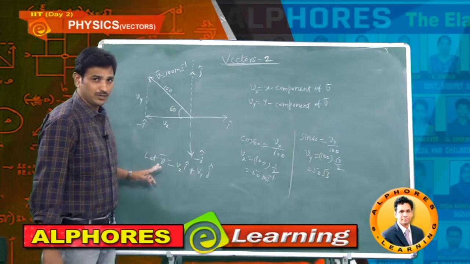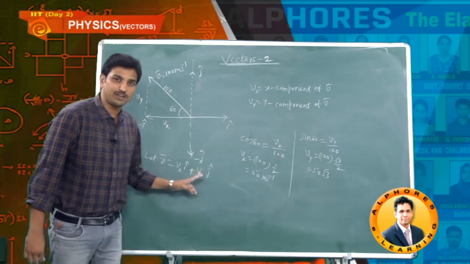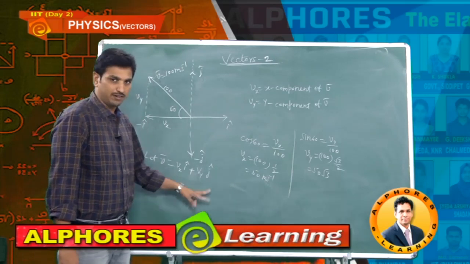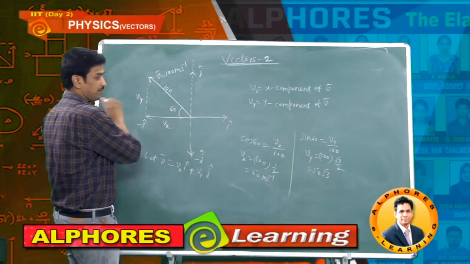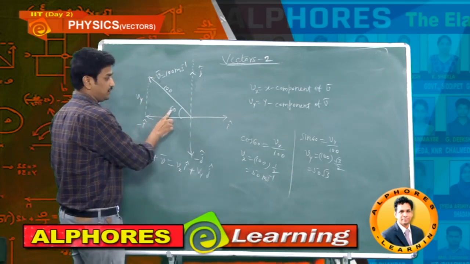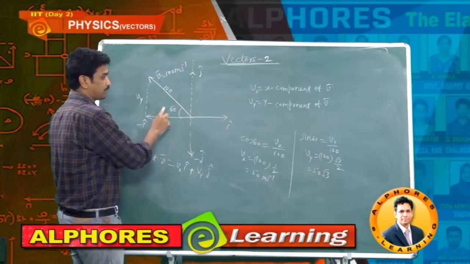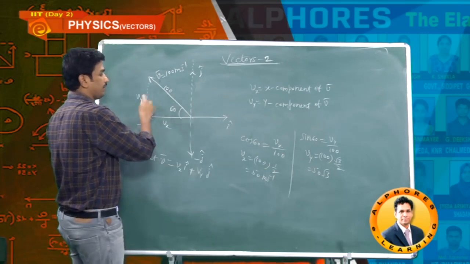So here initially I don't know the vector form of velocity. Let us consider V bar as Vx i cap plus Vy j cap. I don't know the Vx and Vy values. Let the x component be Vx and the y component be Vy. How to calculate Vx, Vy? I took the help of trigonometry. Cos 60 is equal to Vx by 100, sin 60 is equal to Vy by 100.